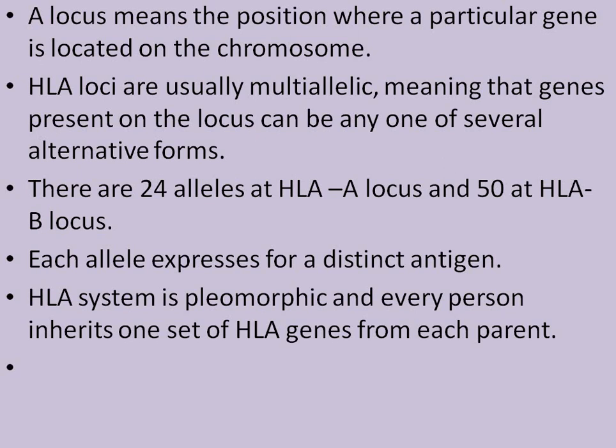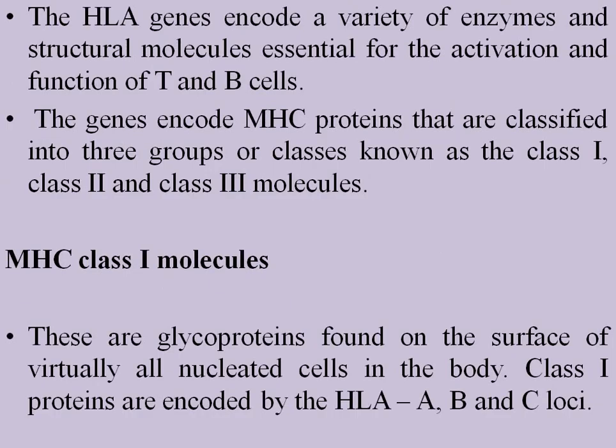The HLA system is polymorphic, and every person inherits one set of HLA genes from each parent. HLA genes encode a variety of enzymes and structural molecules essential for the activation and functions of T and B cells.